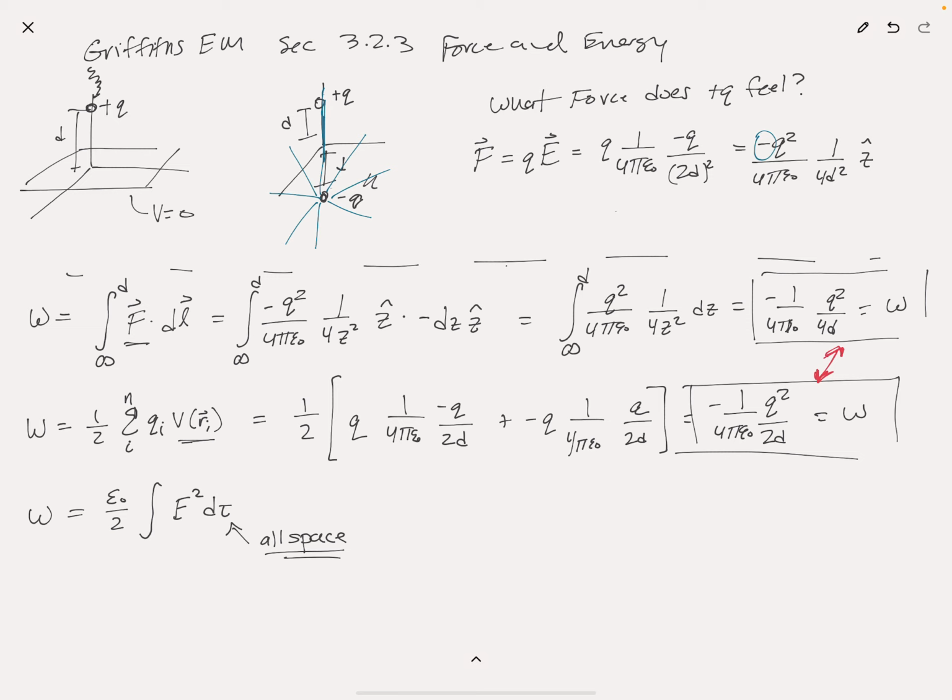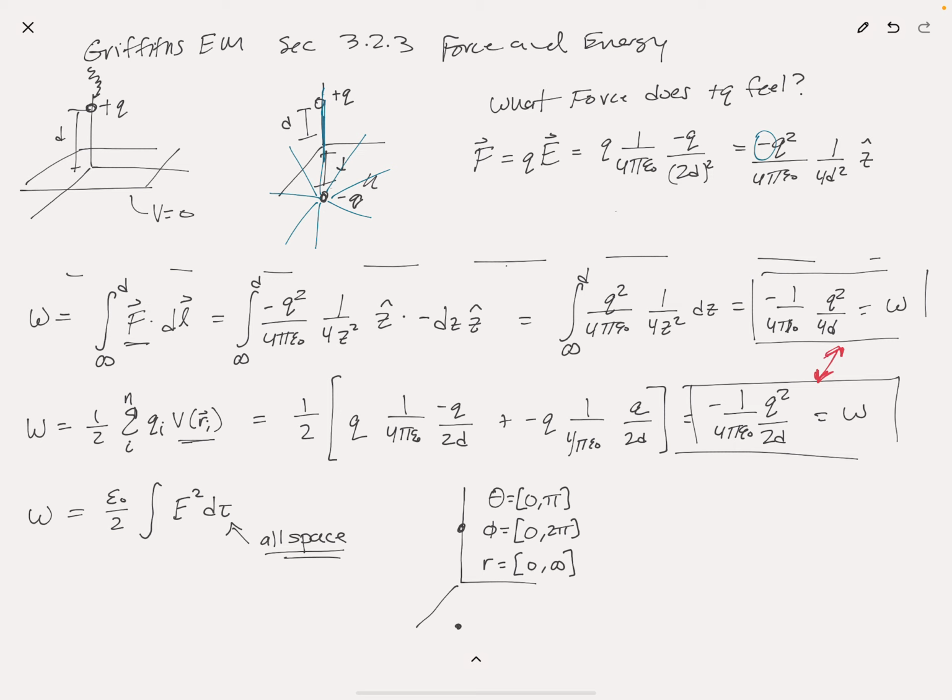But if I were to rely heavily on my analogy of the image charge solution, I have a charge here and a charge here, and I'd have to integrate over spherical coordinates, where theta goes from 0 to pi, phi goes from 0 to 2 pi, and r goes from 0 to infinity.